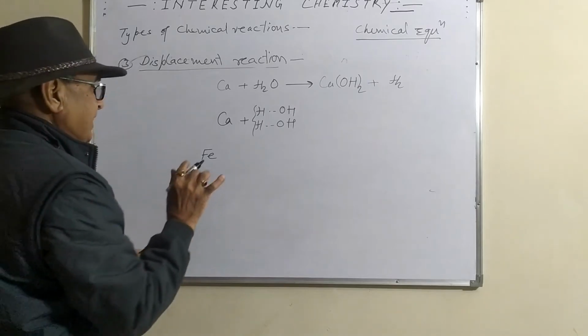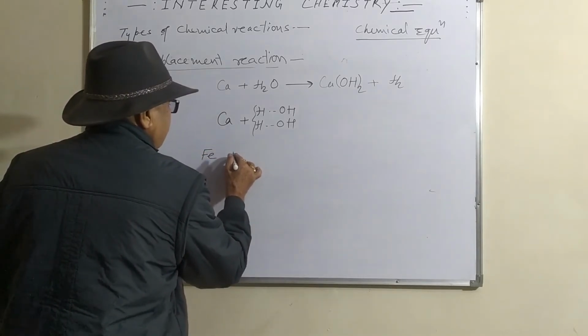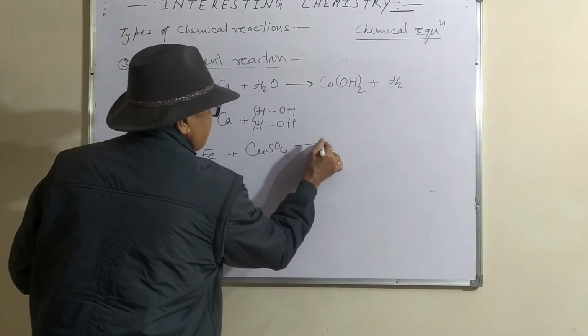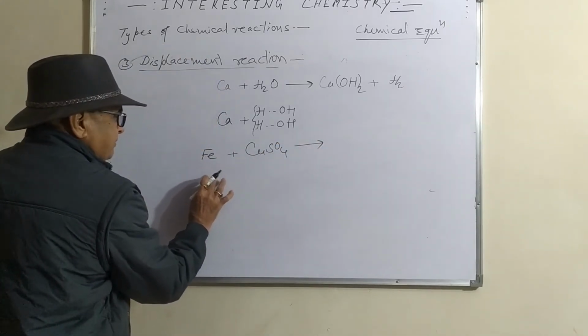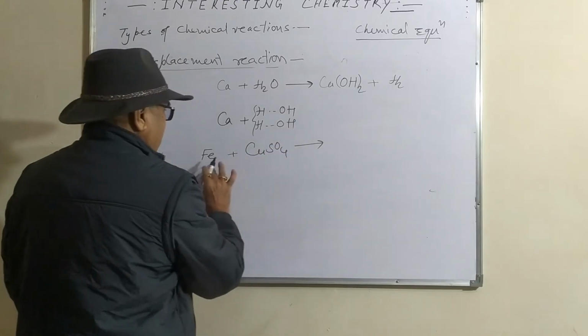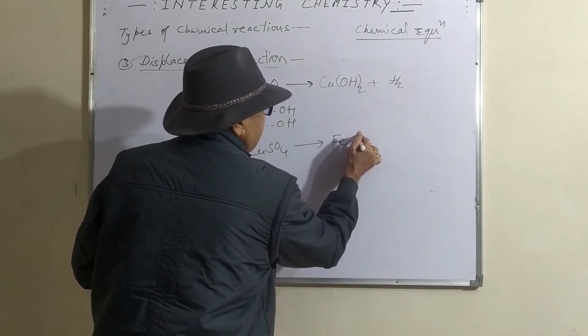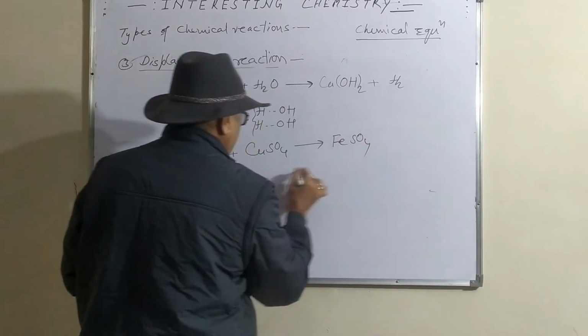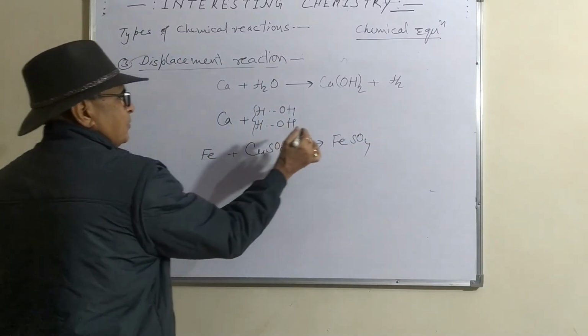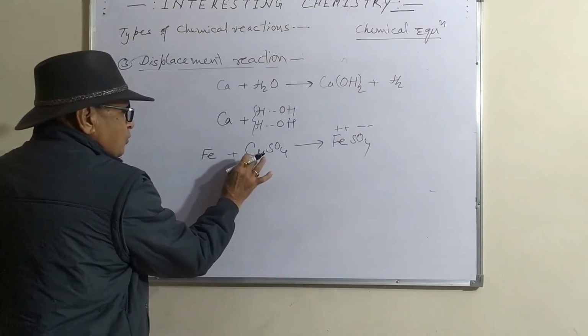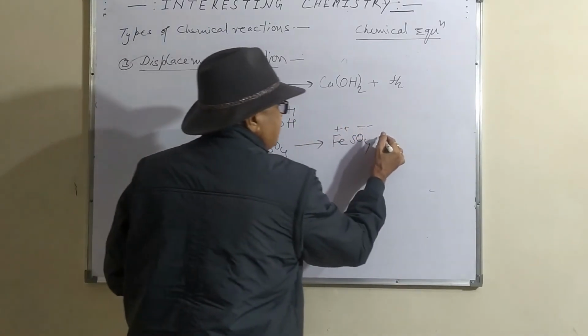When Fe is added into the copper sulfate solution, CuSO4, Fe will replace Cu. So FeSO4, the ferrous sulfate, will be formed, the newly formed compound. So Cu will be displaced.